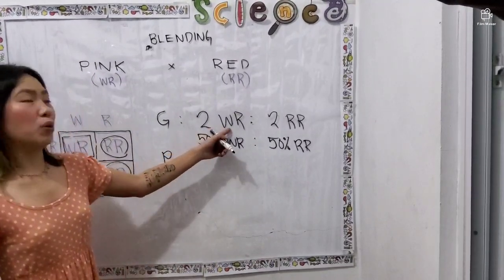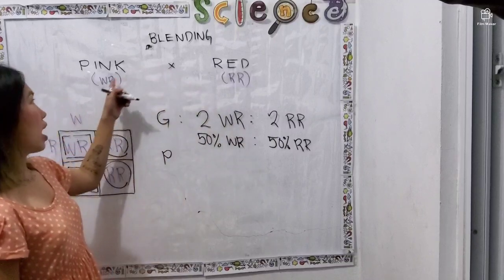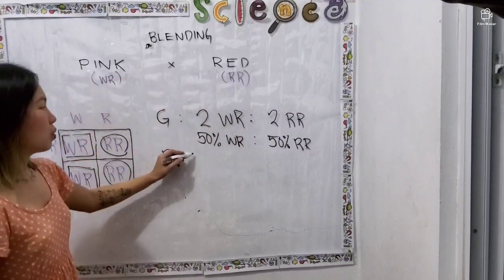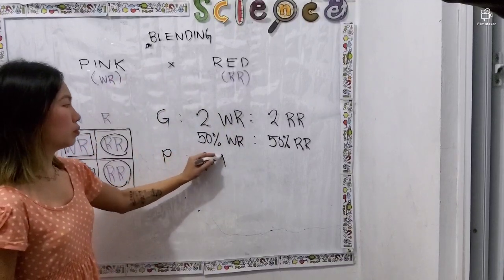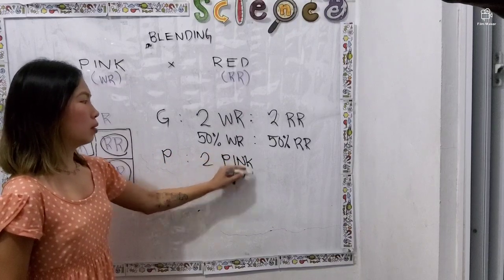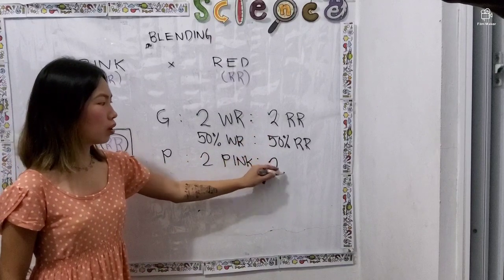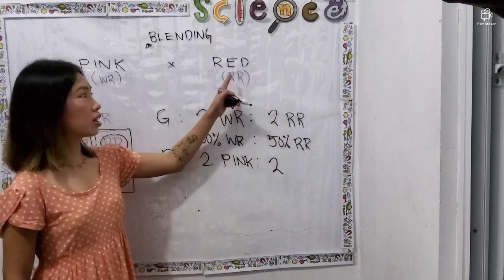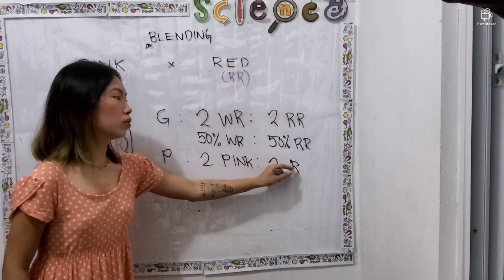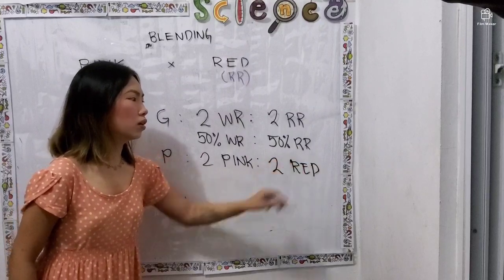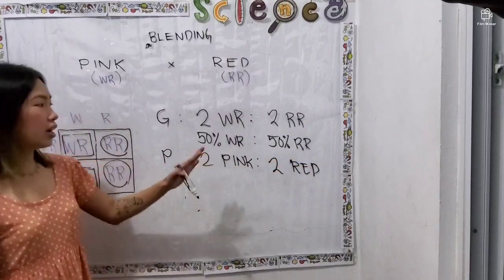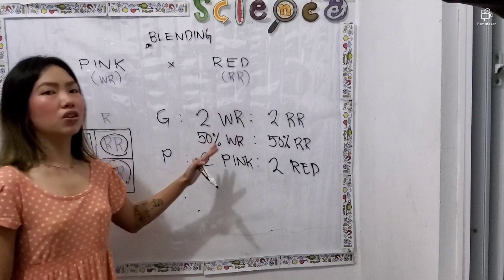Anong kulay ba yung WR? We have pink. So we have 2 pink is to 2. Anong kulay ba yung RR? RR is red, so we have 2 red. Kung ang hinihingi sa atin is ratio.